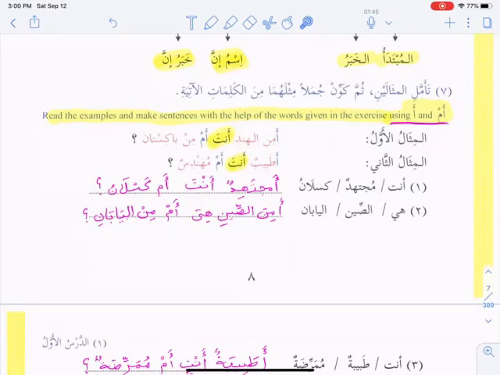All the answers are given there. Go there but copy it, write it down properly, write down 2, 3, and then see if you can do it independently. If you can't do it independently, again, you can write it down. Anta mujtahidun or kaslanu. So we say, mujtahidun anta, kaslanu.